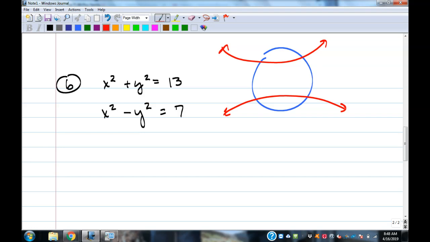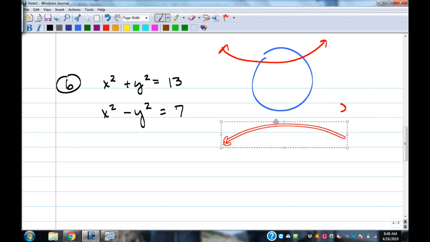But if you were to just pick up the hyperbola and slide it down a little bit to where this one is, maybe they're wider apart, it's possible that you only have 2 solutions out of that. It's also possible that you don't have any, because that's a system of equations, so that stuff can happen.